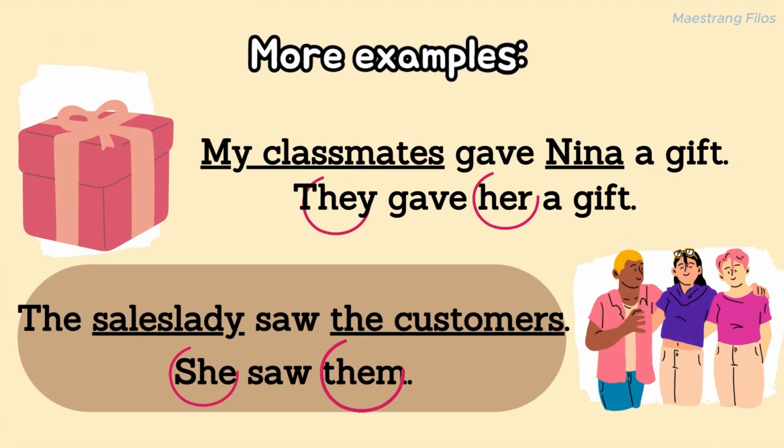Fourth example. The sales lady saw the customers. The underlined nouns are, kindly read, learners. Brilliant! The underlined nouns are the sales lady and the customers. The noun sales lady can be replaced with the pronoun she, and the customers can be replaced with the pronoun them. Therefore, our new sentence will be, she saw them.